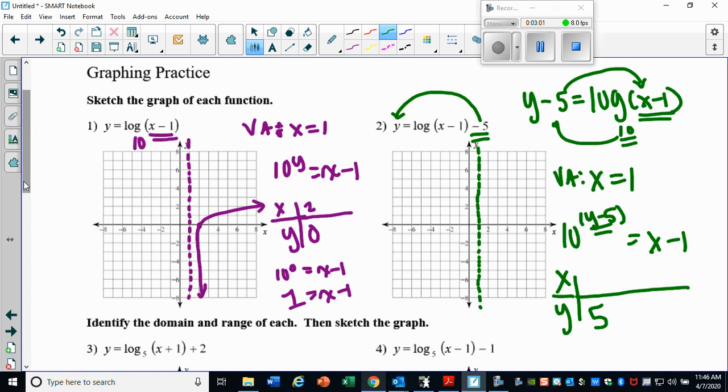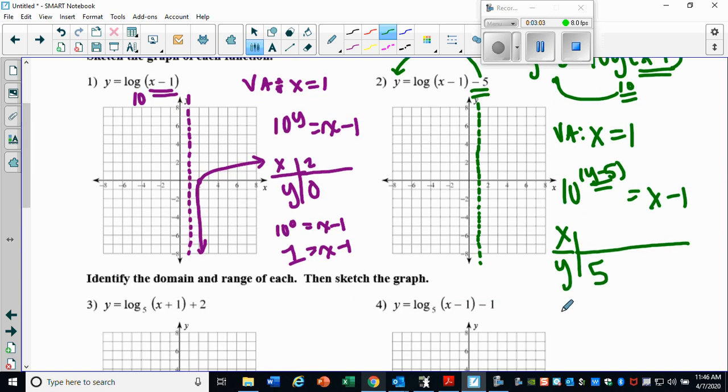So when I solve this, I get 10 to the 0 equals x minus 1. 10 to the 0 is 1, and if I add 1, that gives me 2 is equal to x. So I know I have the ordered pair (2, 5). I know that this is going to follow my vertical asymptote, and it's going up and to the right.